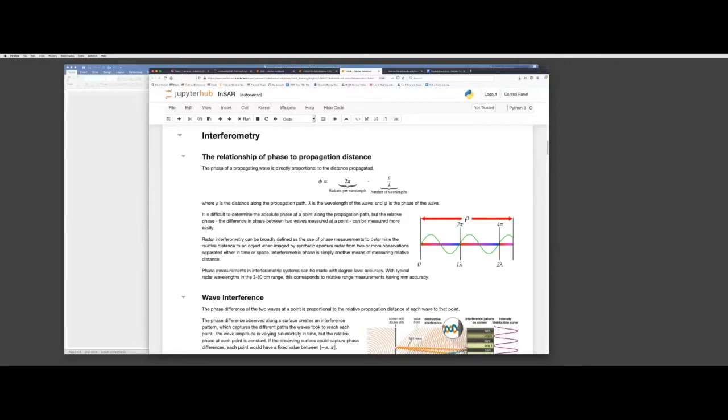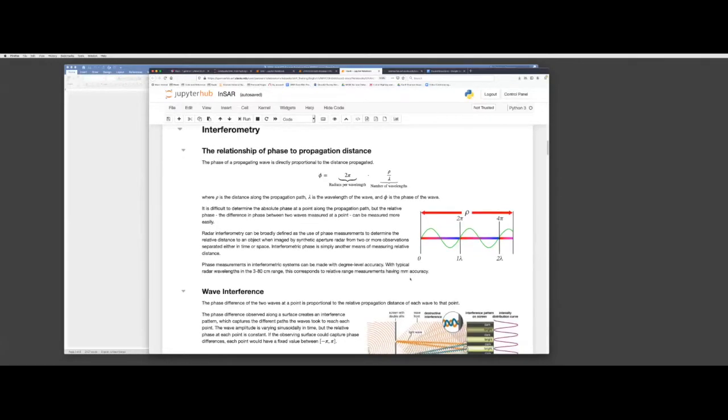And if you can measure down to a fraction of that wavelength, then you're measuring the relative range down to millimeter kind of accuracy. So for interferometry, we can't really measure the absolute range, but we make difference measurements between two or more different observations. So it's those difference measurements that we are sensitive to.